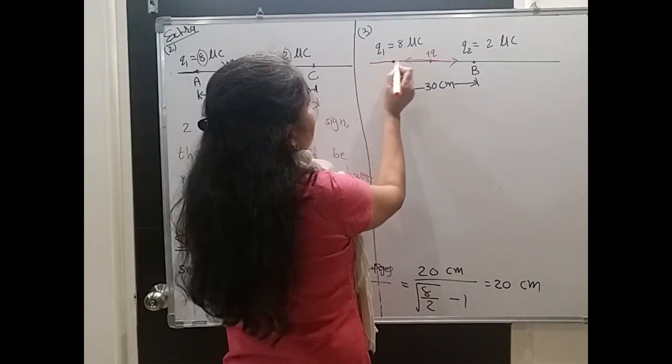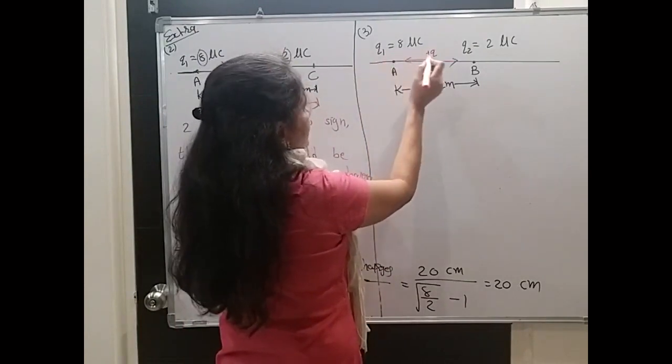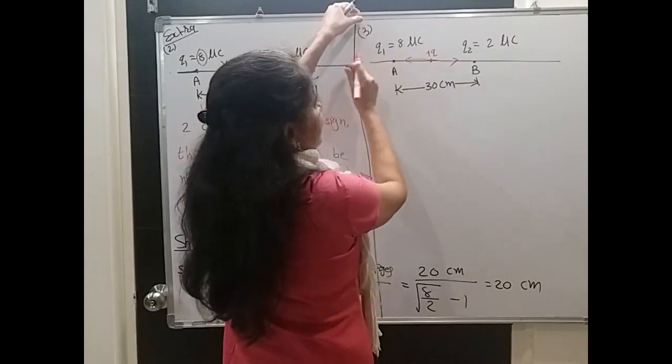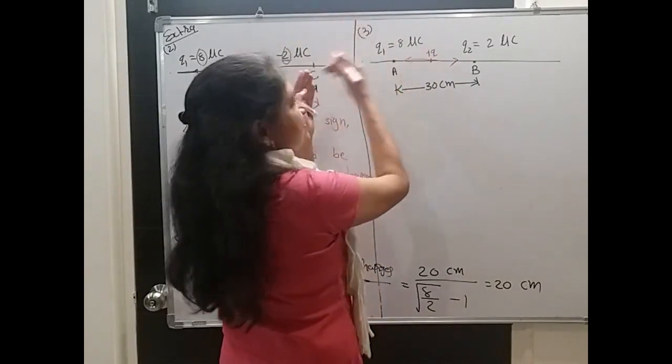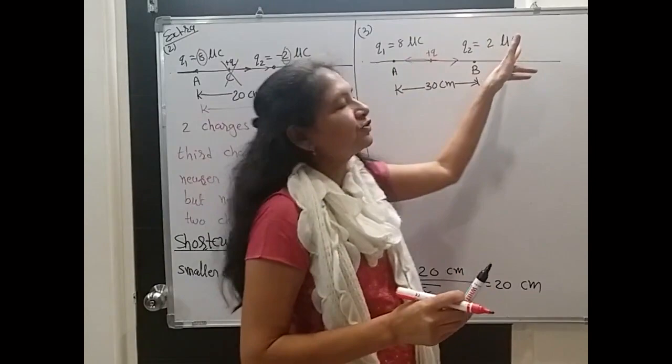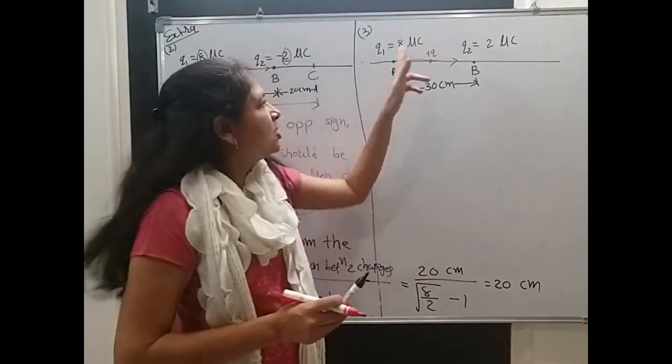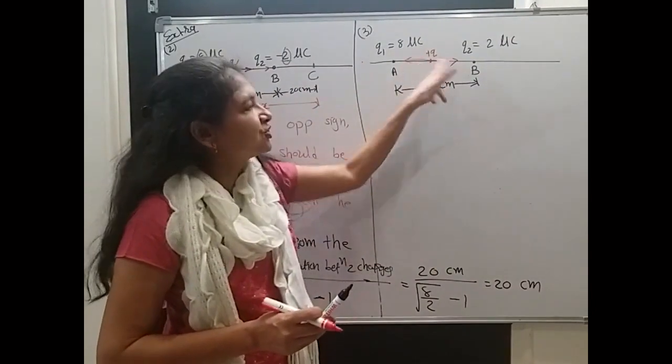What happens if you look on this side? Positive-positive. If I put it here, the two forces will be in the same direction. Here also the two forces are in the same direction. So it is not possible. Only in between can the third charge be placed.